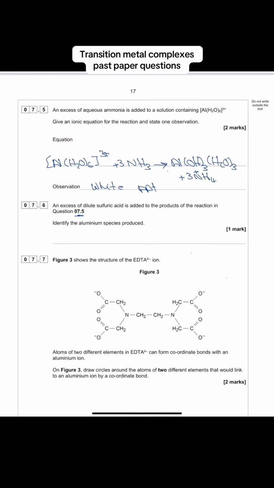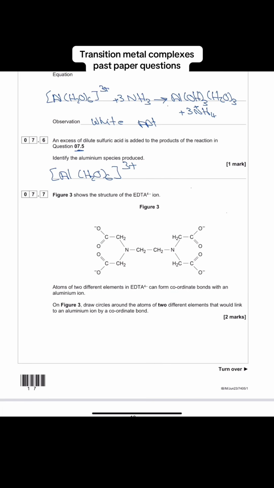So in the presence of the sulfuric acid, there is an excess of an acid. So then it will give us the aqua ion of the aluminum. So it will dissolve in the acid. So the product here, the aluminum species, is going to be simply Al(H2O)6 3 plus. So this is the product.